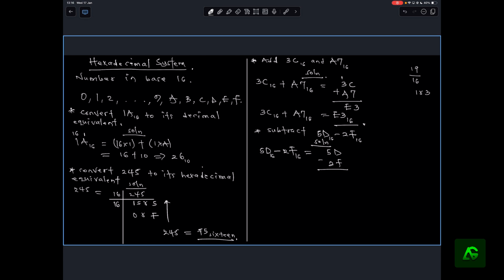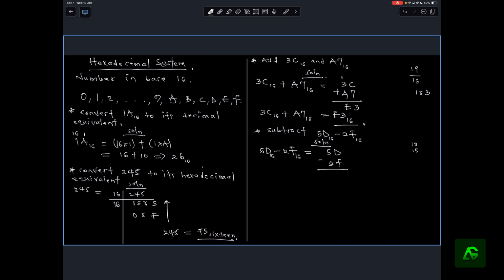Now we have D minus F. D is 13, and F is 15. Imagine 13 minus 15 is not possible.